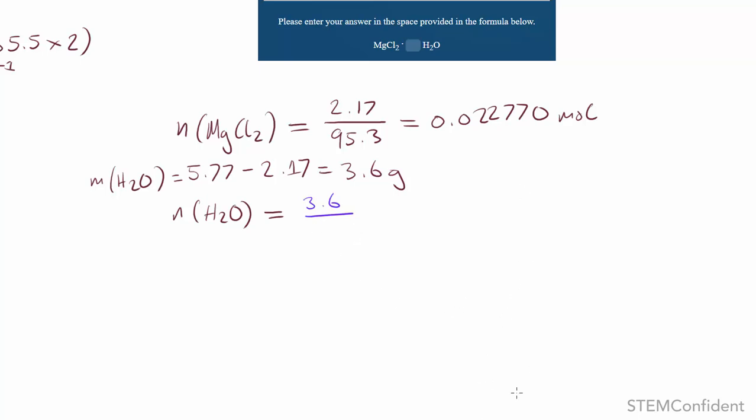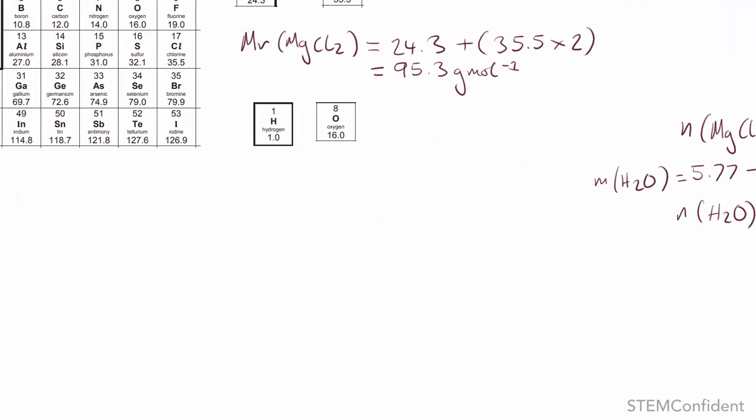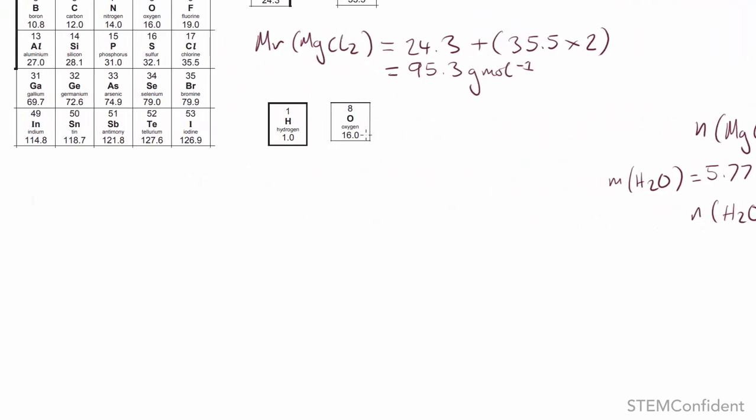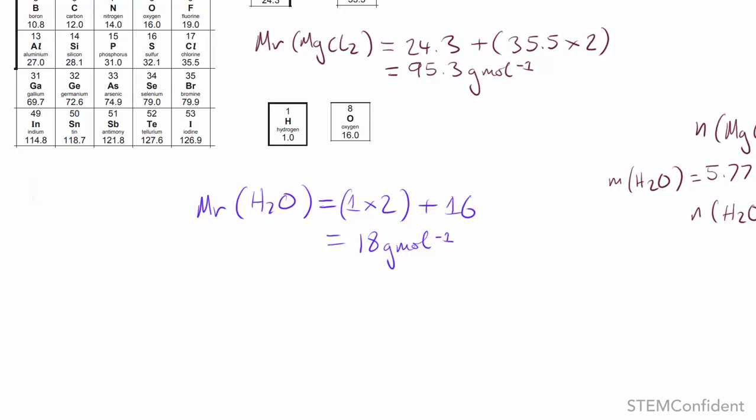In this particular case, for H2O, the Mr is going to be 1 times 2, plus 16, and of course that's going to give you 18, in units of grams per mole.